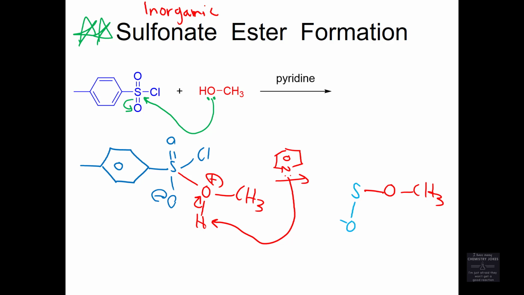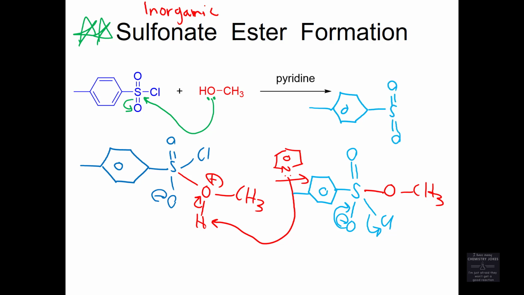Maybe this color blue is a closer shade. And then we fold down and kick out our leaving group. The Cl is our leaving group. And out of this, we got this compound.